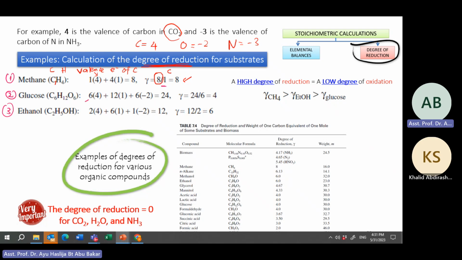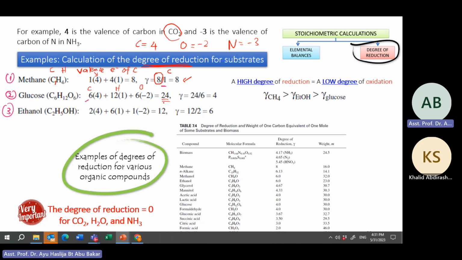Per carbon, yes. Okay, that one is for methane. If you have glucose, again, you need to find the number of electron involved, by including valence electron of the carbon. Okay, this is for carbon side. 6 carbon multiplied by 4. Then this is hydrogen. You have 12 hydrogen. Then this is for oxygen.